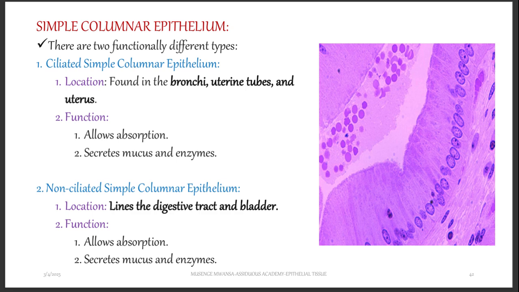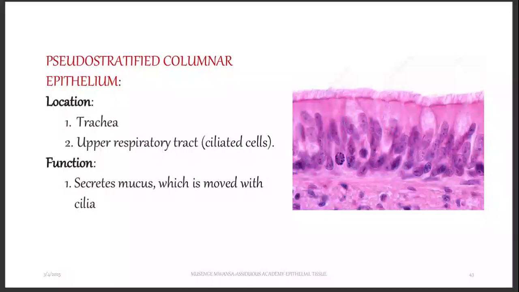And then the non-ciliated simple columnar, it is important for you to state if it's ciliated or not. The non-ciliated is found in the digestive tract, the GIT, and also in the bladder, and is for absorption. It doesn't have any cilia there. The pseudostratified columnar, this is also known as respiratory epithelium because it's actually found in the respiratory system.